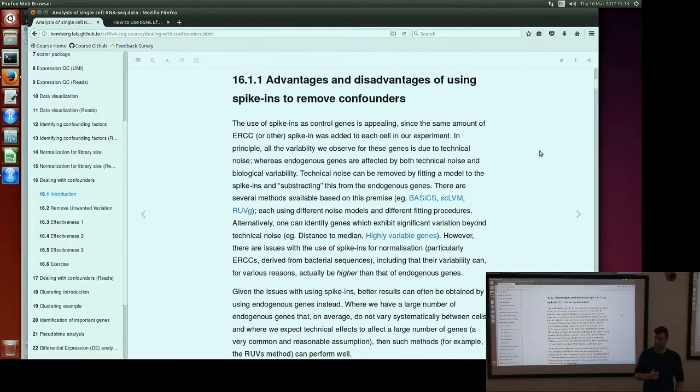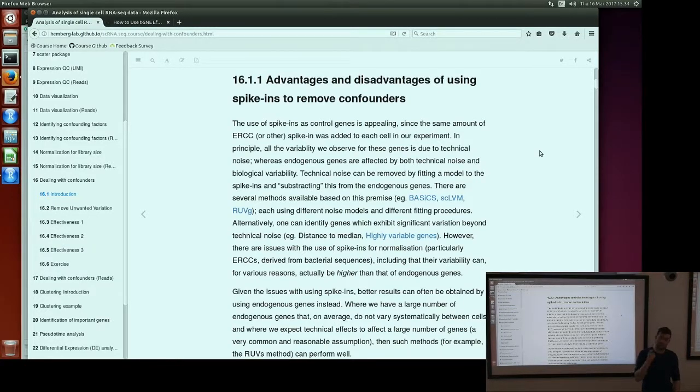So although in principle, spike-ins and ERCC spike-ins should give us this baseline of control genes that we can normalize to, in practice, that's not always the case. And so I've certainly seen many data sets where the variability of ERCC spike-ins is higher than endogenous genes.